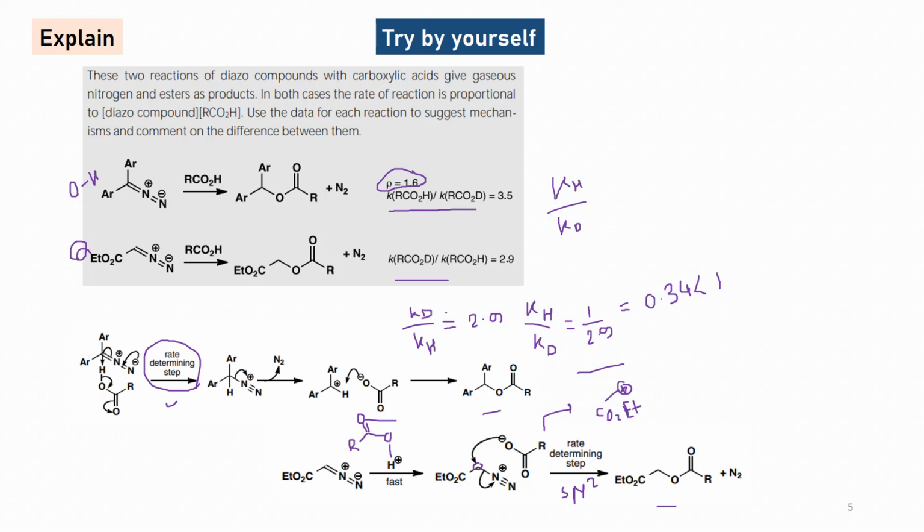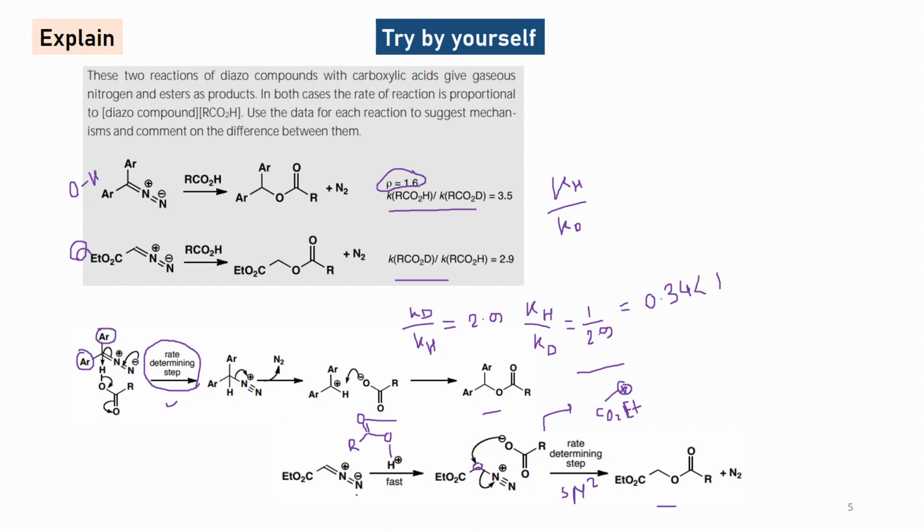So now how can we determine which step will be the rate determining step? You can determine it from the kH by kD value and also the rho value. If you go through a normal structural isomer, you can see that in this case there is an aryl group present adjacent to this electrophilic center, which makes the first step, this carbocation formation step, feasible, and makes this step the rate determining step.